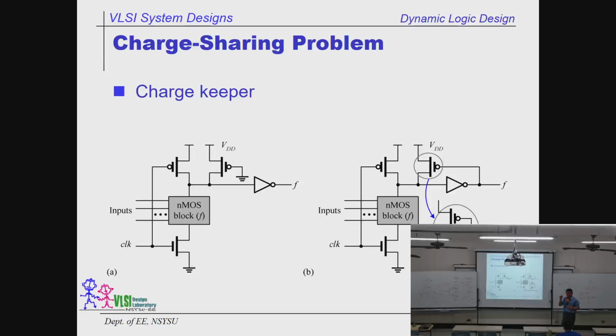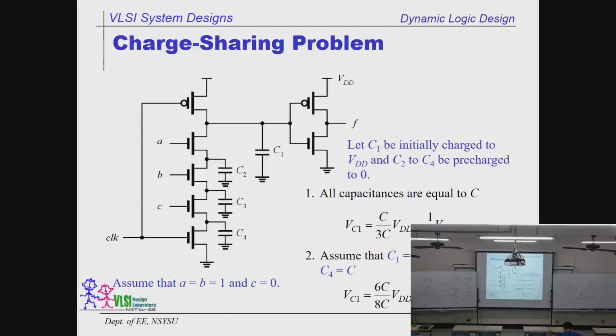Narrow width, because we don't want this device to fight with the main block. So it has to be a very weak device. Weak device means the length is long. Okay, use a keeper for charge sharing. So you either increase the size or you add extra devices to guarantee the functionality of the dynamic logic.